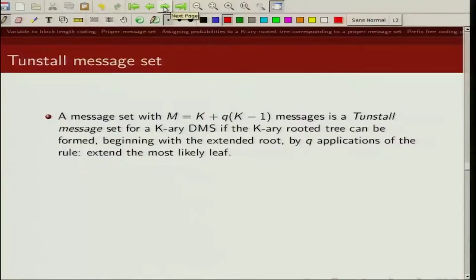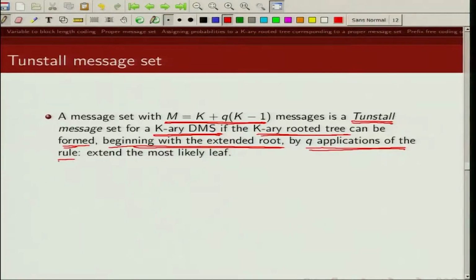So a Tunstall message set is a class of proper message set which will always maximize the expected value of Y. A message set with so many messages is a Tunstall message set for a K-ary discrete memoryless source if the K-ary rooted tree can be formed, beginning from the extended root, by Q applications of the following rule: extend the most likely leaf.